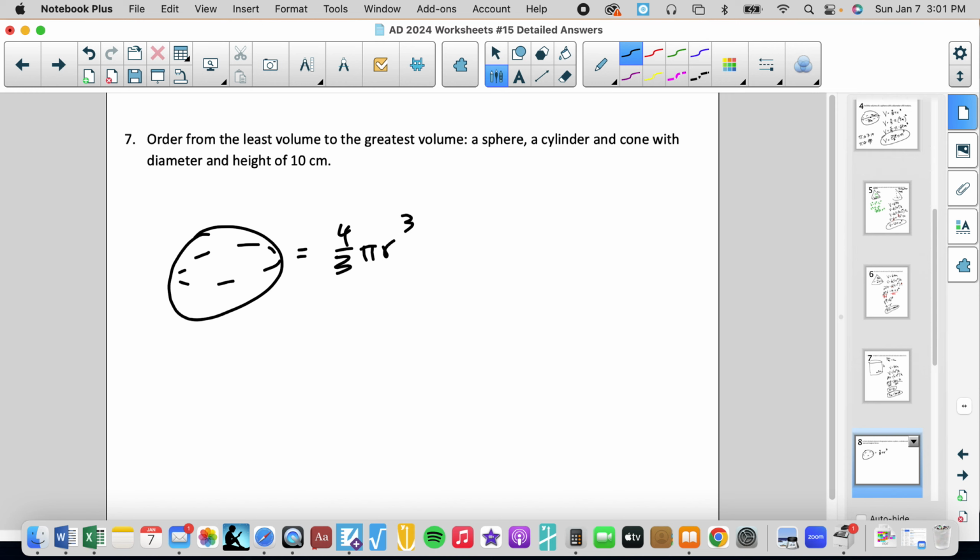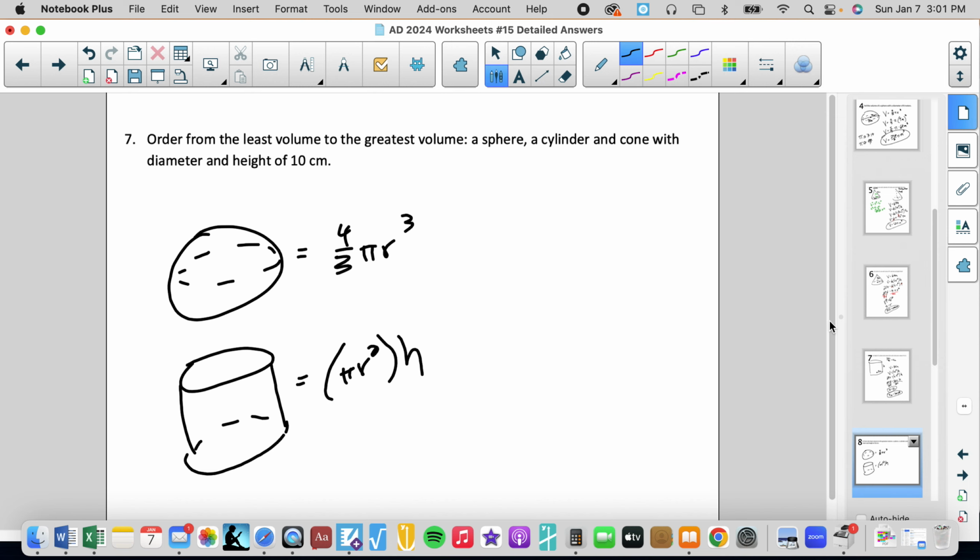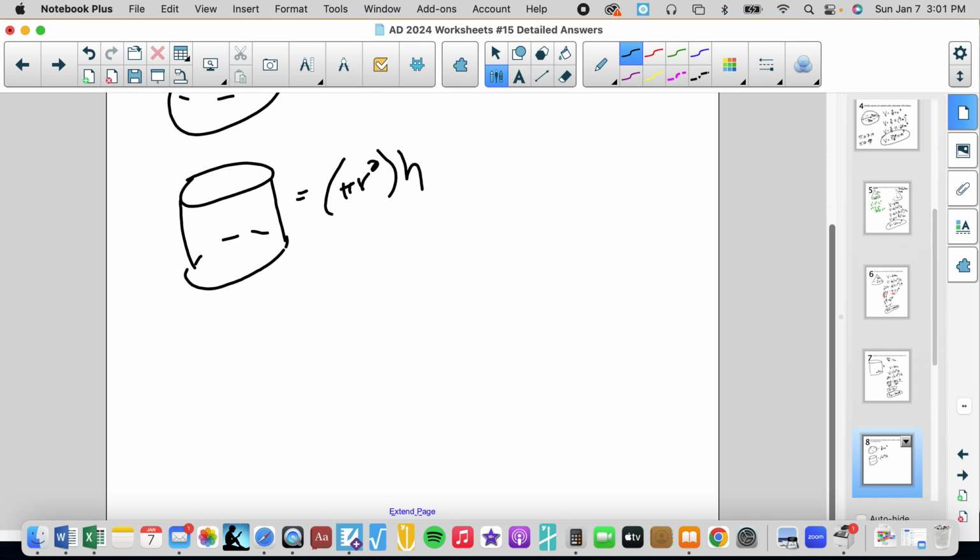And then a cylinder, which equals pi r squared times h. And a cone is going to be 1/3 pi r squared h.